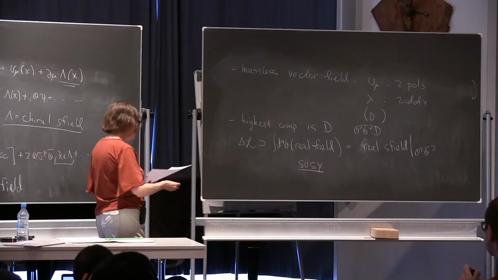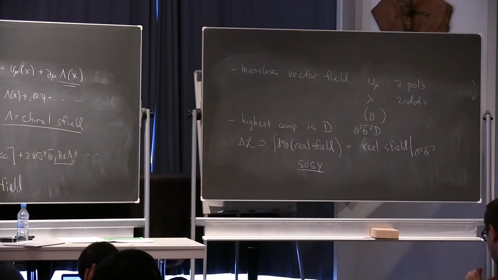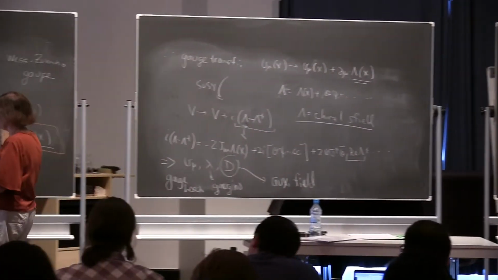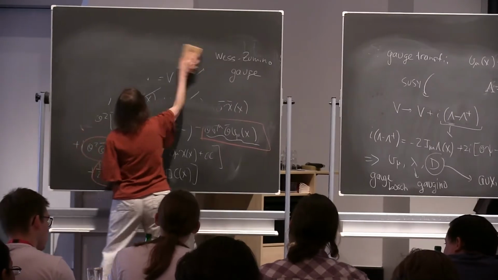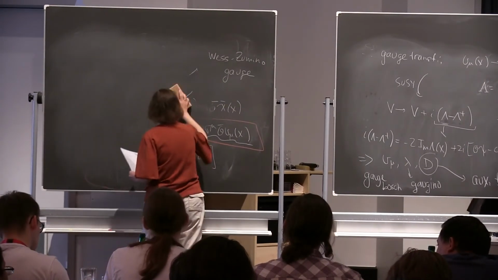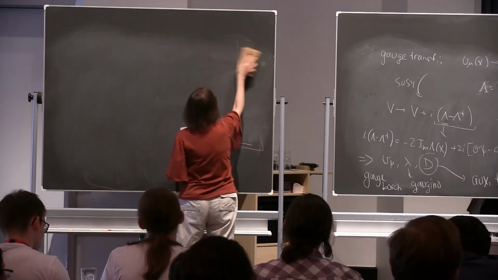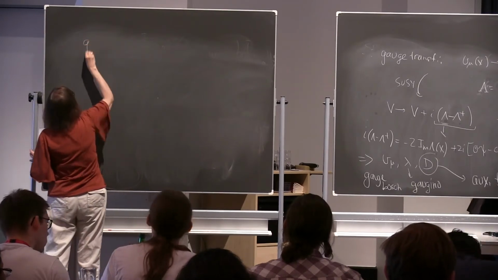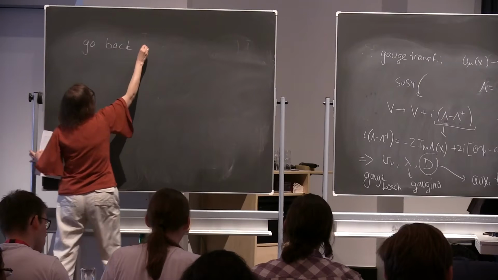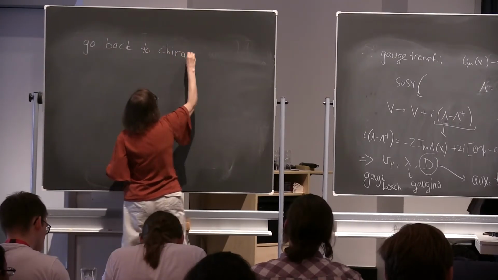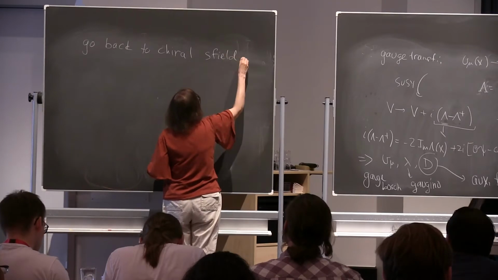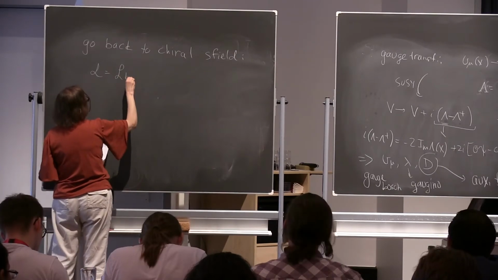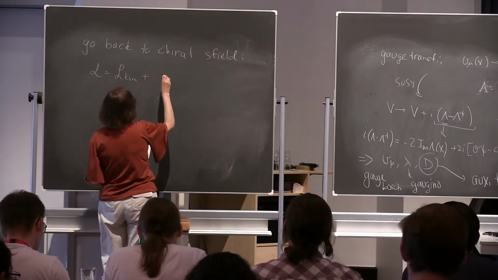So now we can complete the story that we had before and write down the full Lagrangian. So we go back to the chiral superfield example, and there we said that the Lagrangian had two parts. It had the kinetic part, and then it had the interaction part.